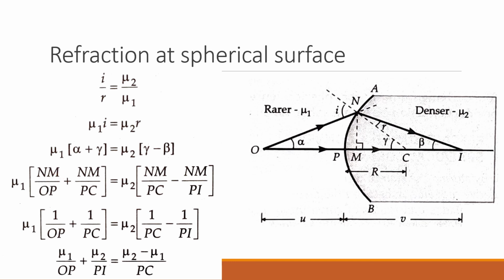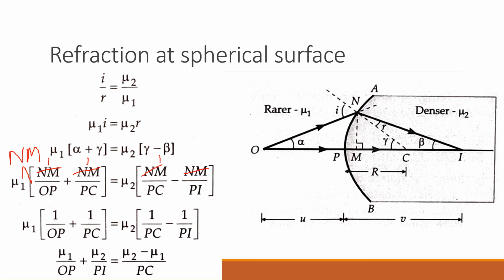Now, I can take this Nm common on both sides. If I take Nm common, what am I left with? 1 here. Similarly, on the right hand side, I'll take Nm common, and I'm left with 1 in this part.